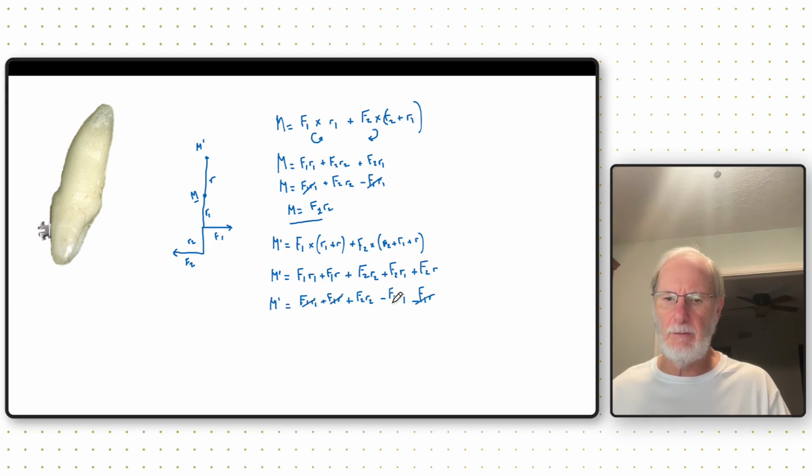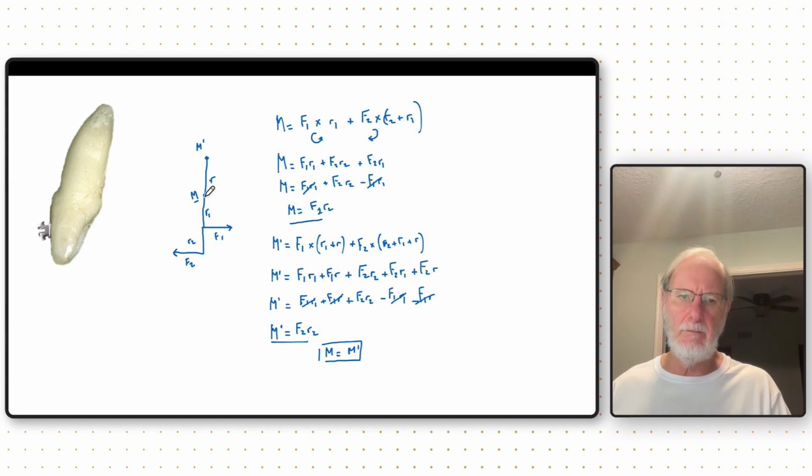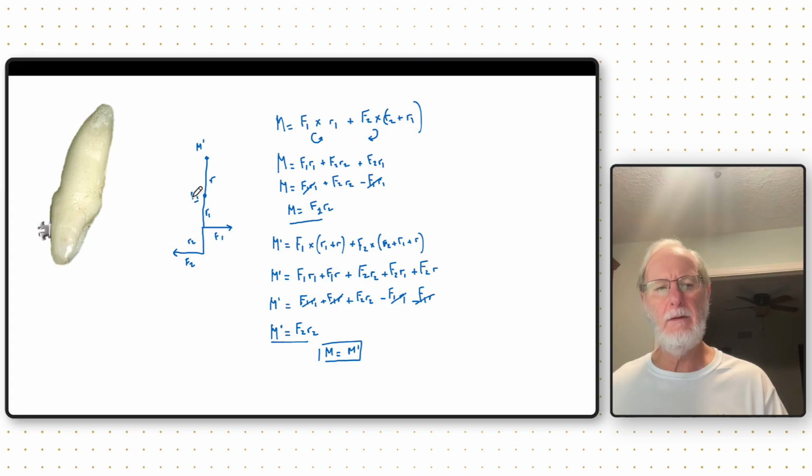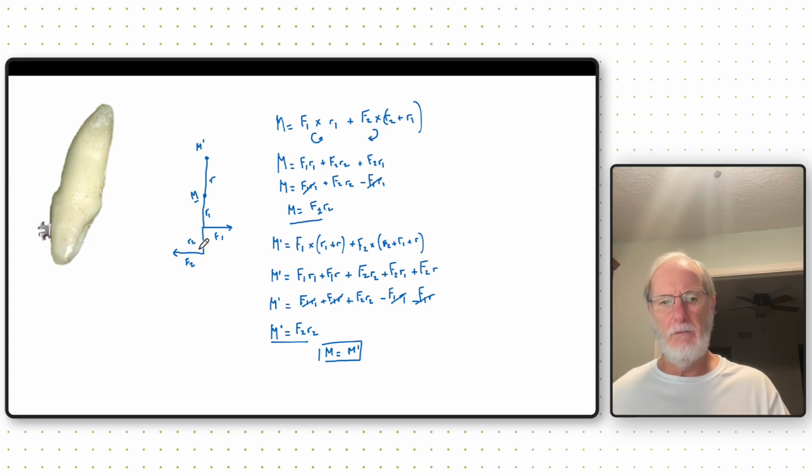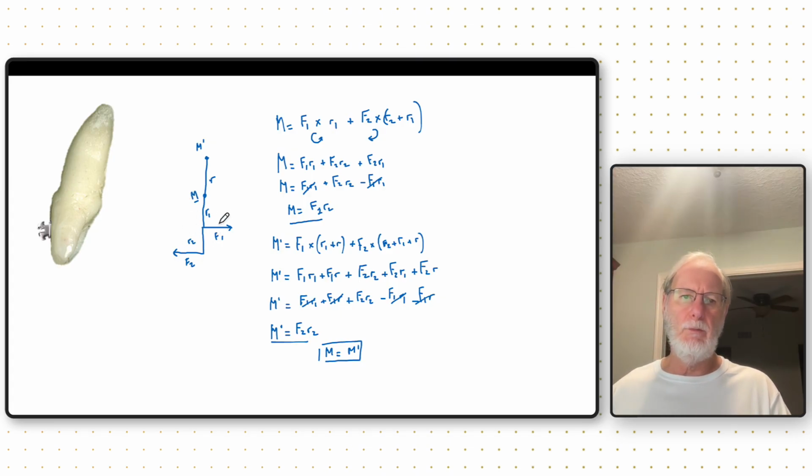This one, F1 can be removed from the equation. So M prime now equals F2 R2, and we can deduce that M equals M prime, which means that the moment of the force couple is independent, for a free object, of the point of application of the forces.